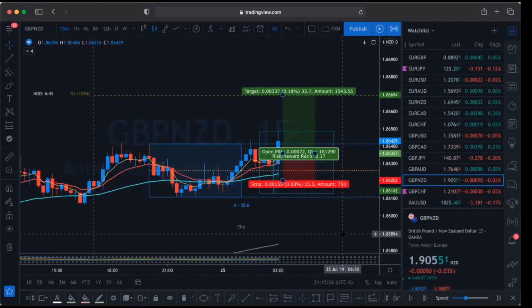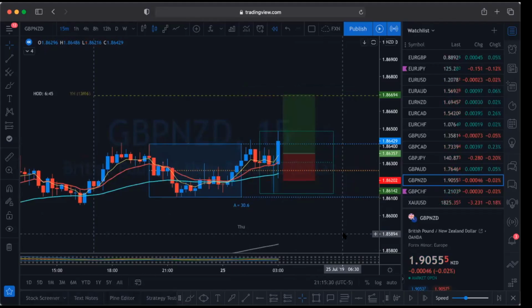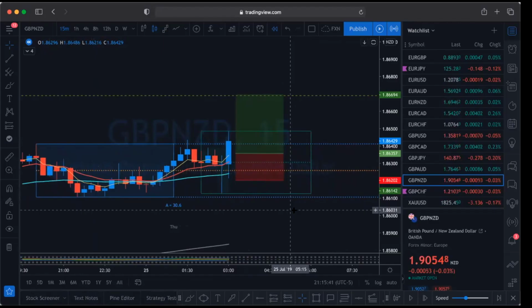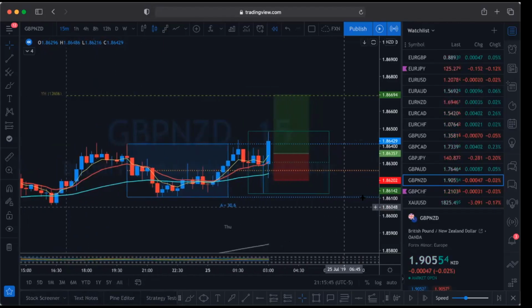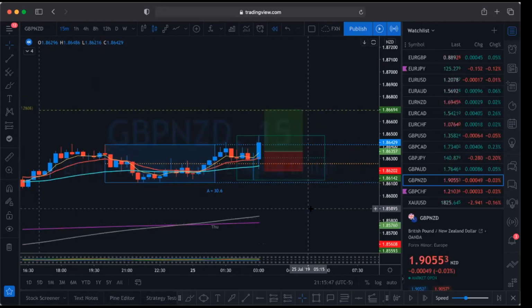Does that make sense? So if I don't get a pullback on the next candle or next 2-3 candles, and it just keeps going up, then I just missed the trade, because the risk is going to be too much. You need a pullback.